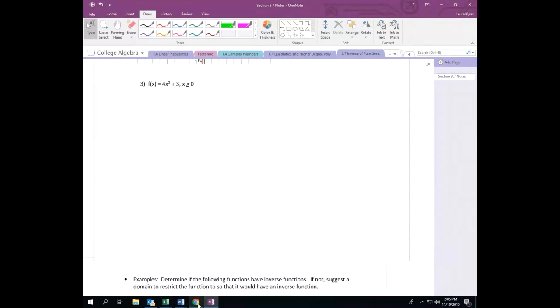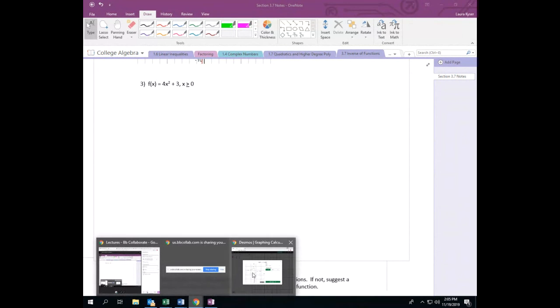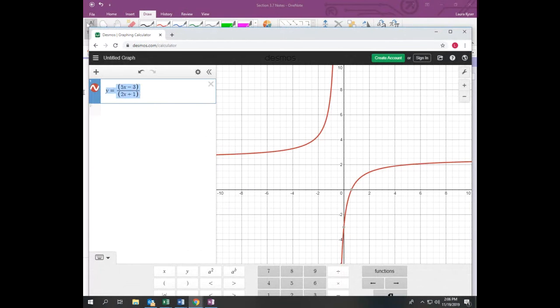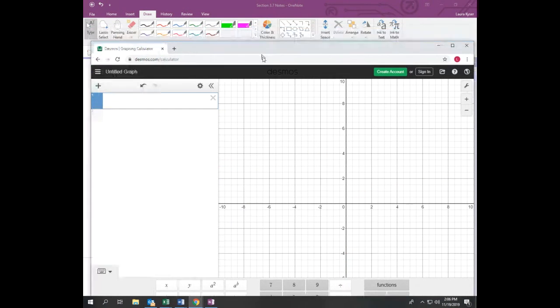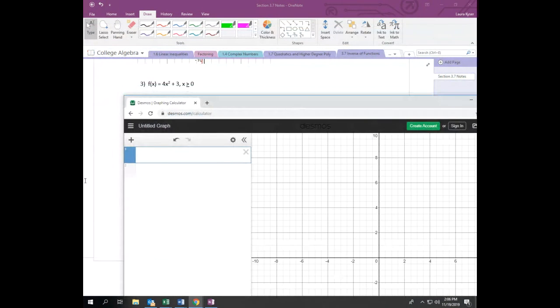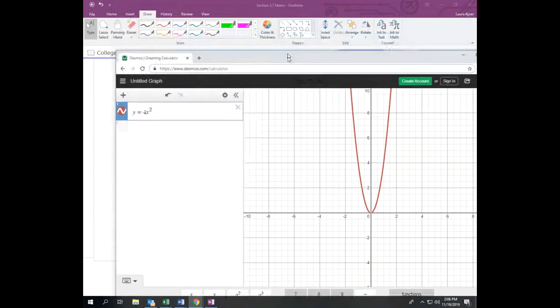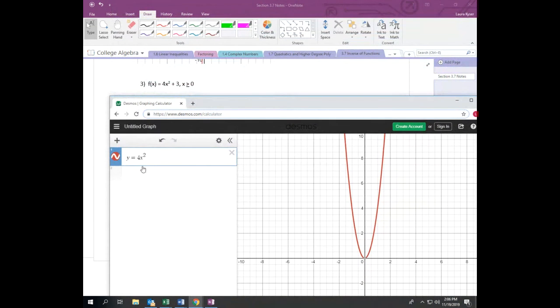So I'm going to pull this thing up again in Desmos so that we can take a look at it quickly. But if you had to draw this by hand, you would just use the table. So y equals 4x, I need a power squared, but it's plus 3.